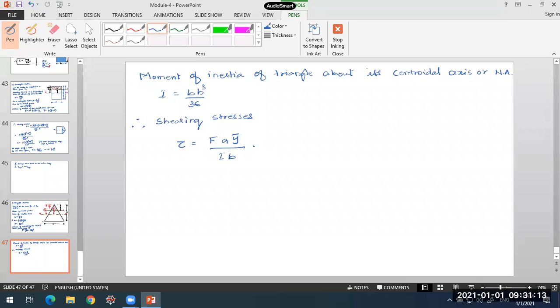So this will be F as it is, A is b into y squared upon 2h, y bar is 2h by 3 minus 2y by 3. This whole thing divided by b h cubed by 36, that is I, into base b. Sorry, b, that is at the section.